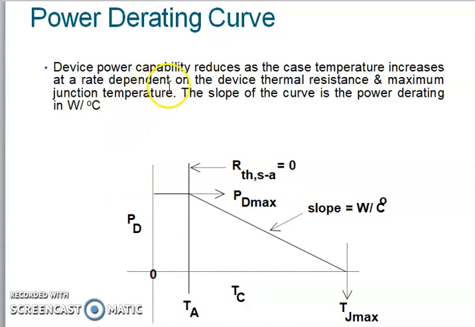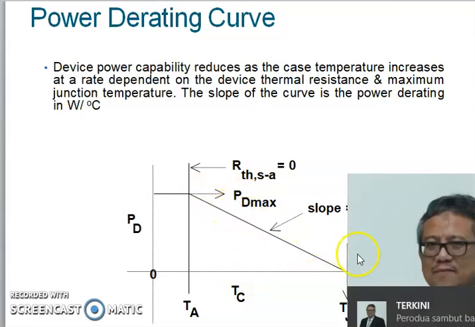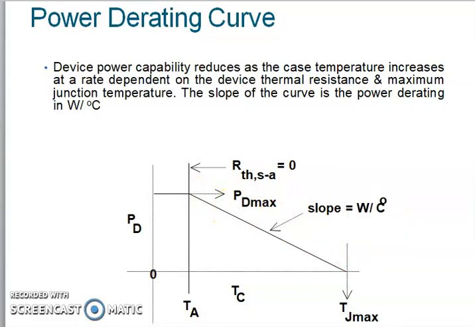Okay, the device power capability will reduce as the case temperature increases. It means that if your case temperature is normal at ambient, 25 degrees C, and increases further to the maximum, the ability of your PD will reduce accordingly.